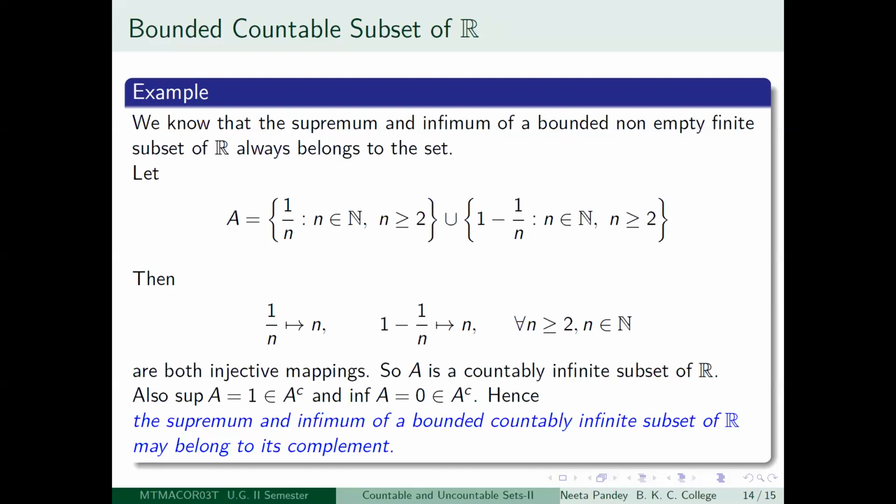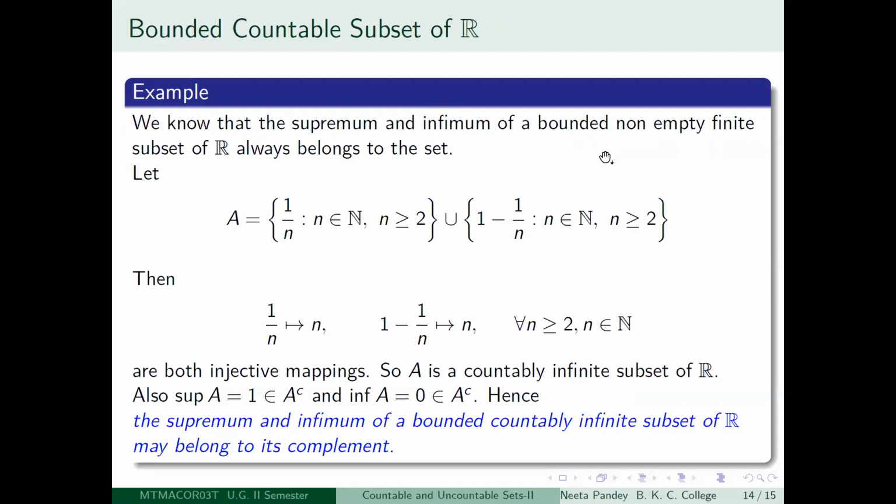You will always get a minimum element and a maximum element. We have discussed that the minimum element will in fact be the infimum and the maximum element will be the supremum. So if you have a non-empty finite subset of R, then the supremum and infimum will always belong to the set, because the supremum is the maximum of that set and the infimum is the minimum of that set.